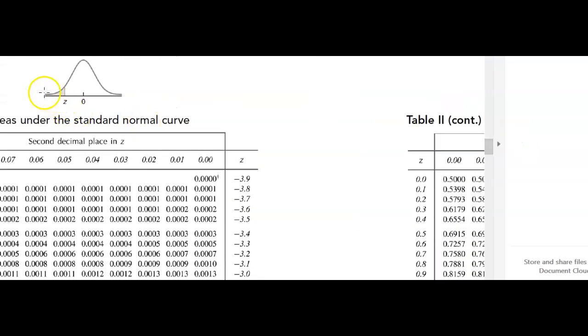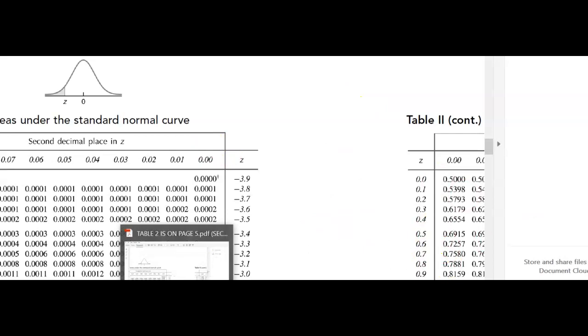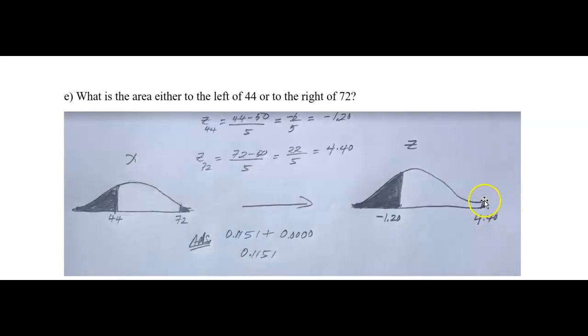So any number bigger than 3.9 will not have any area on its right side. The area to the right of 4.40 is 0, and you add the two pieces. You get 0.1151.